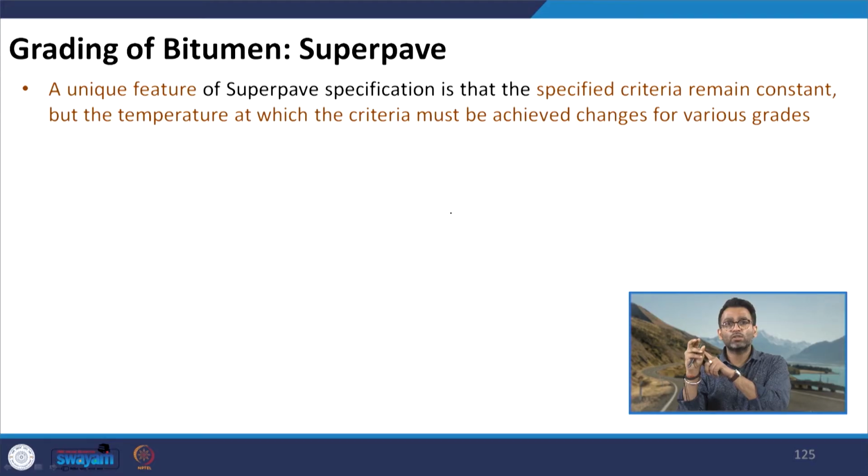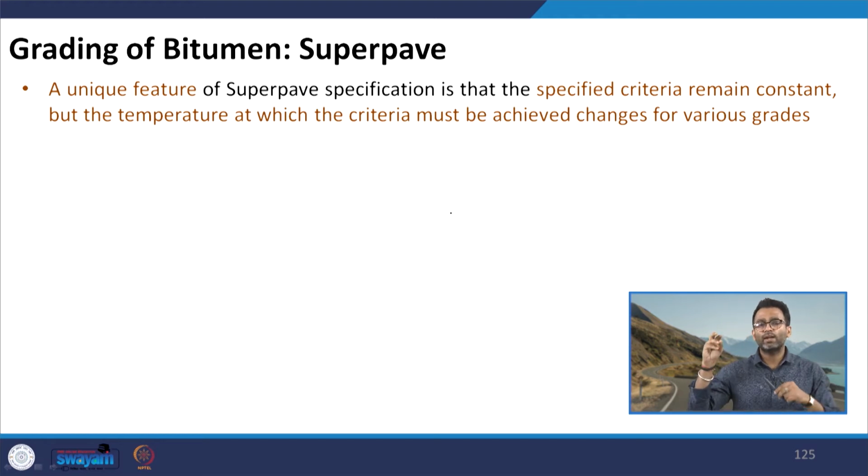Now, in the Superpave grading system, what they have done is that the specified criteria remain constant. So, here with reference to viscosity, I will say that the value of viscosity will be constant, but the temperature at which this criteria must be achieved will vary from grade to grade, from project to project.